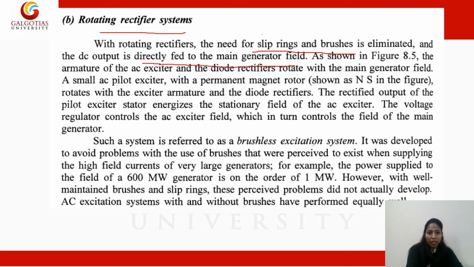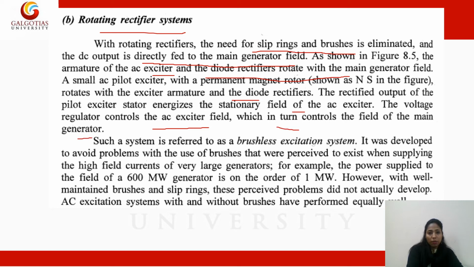The armature of the AC exciter and the diode rectifier rotate with the main generator field. A small AC pilot exciter with a permanent magnet rotor rotates with the exciter armature and the diode rectifier. The rectified output of the pilot exciter stator energizes the stationary field of the AC exciter. The voltage regulator controls the AC exciter, which in turn controls the field of the main generator.